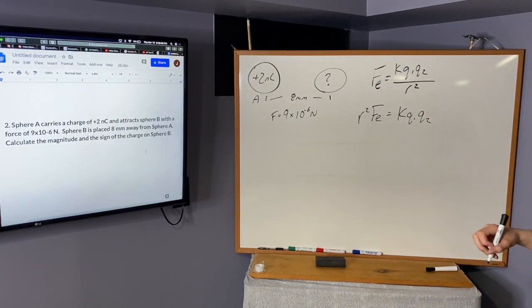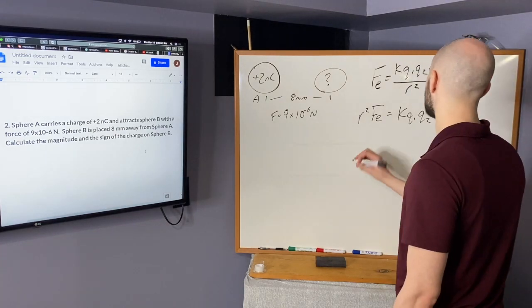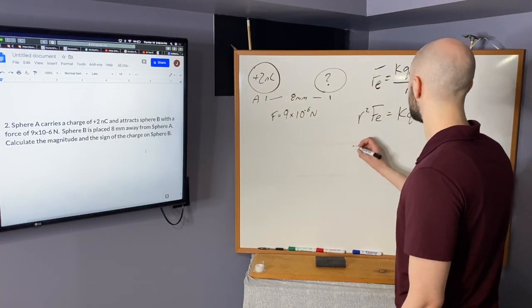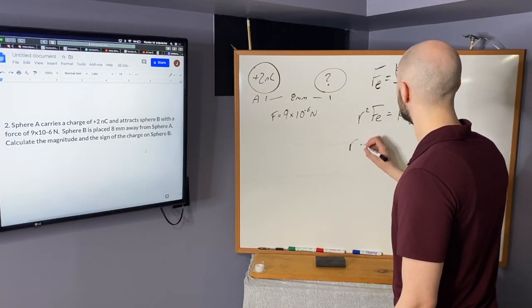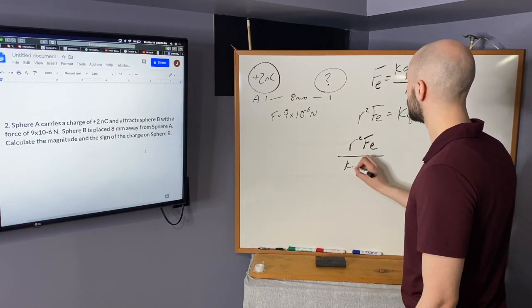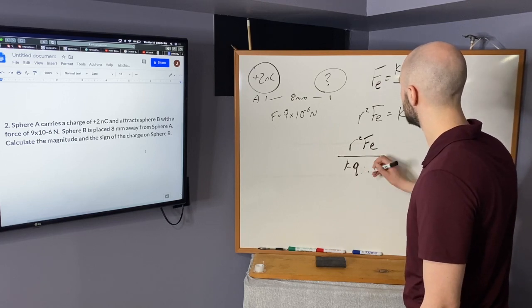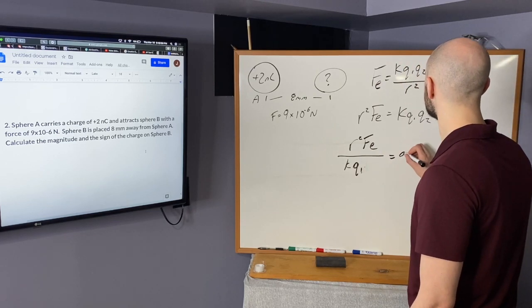Now I'm going to divide each side by KQ1. So that's going to give us R squared FE all over KQ1 is going to be equal to Q2.